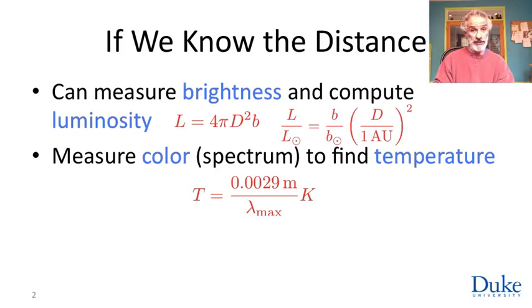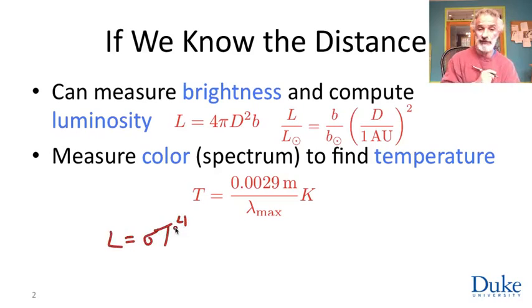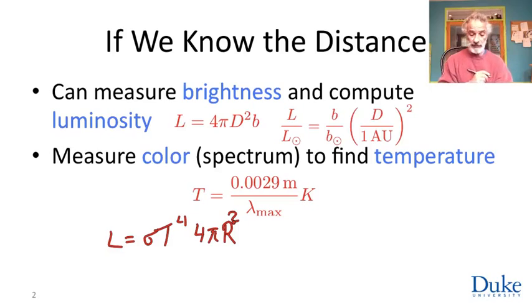And now, if I know the temperature and I know the luminosity, I can remind myself that I had yet another expression for the luminosity of any star. L was equal to sigma T to the fourth, given by the Stefan-Boltzmann law for the rate at which each square meter of the star surface radiates, times the surface area of the star, which in terms of the star's radius is 4 pi r squared, where r is the star's radius.